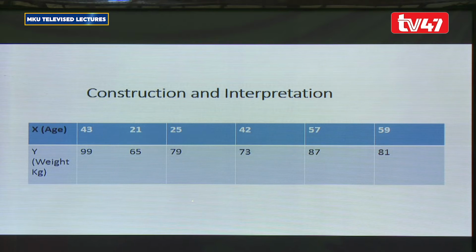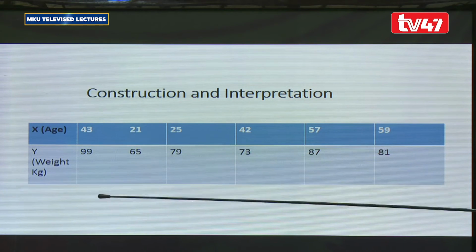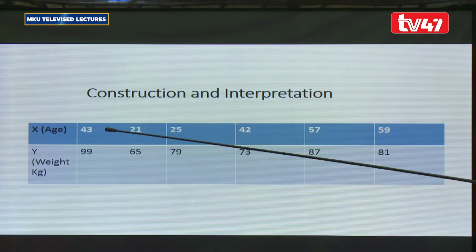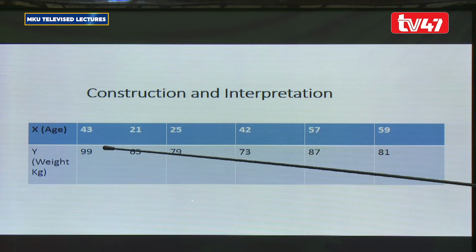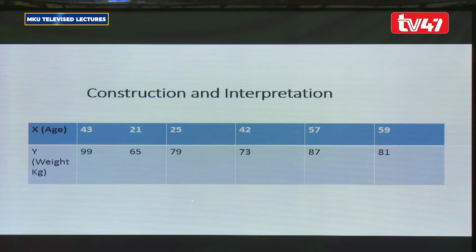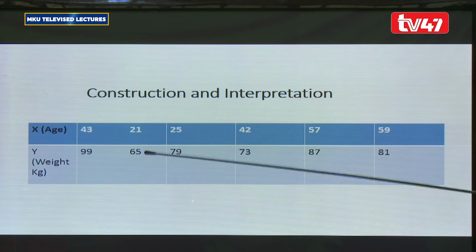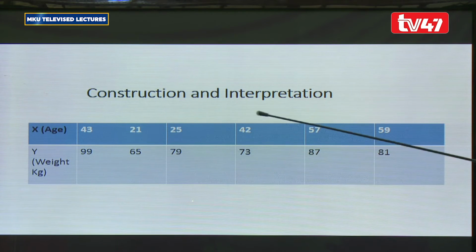This data here was obtained by a student who went out to collect data of participants by age and weight. The first one had an age of 43. The weight was 99 kgs. Now, the second client, 21, 65, and the rest follow.